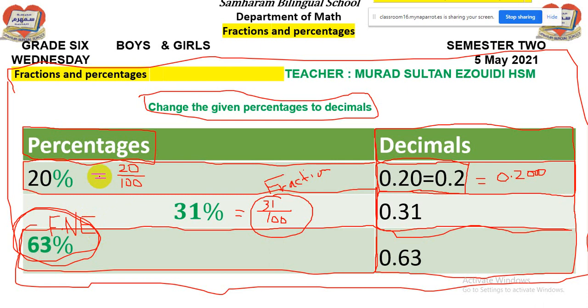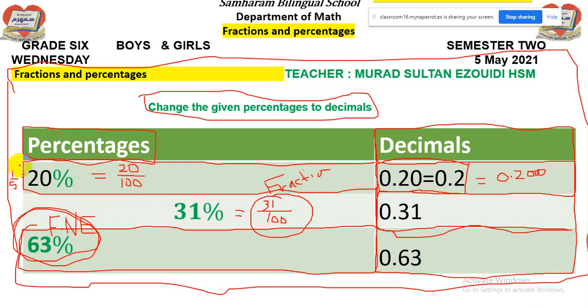And also this one, 20%, it will be 1/5. Yes, this one also is 1/5, equal to 20%. 1/5 is equivalent to 20 divided by 100. Why? Because 5 by 20 is 100, and 1 by 20 is 20.